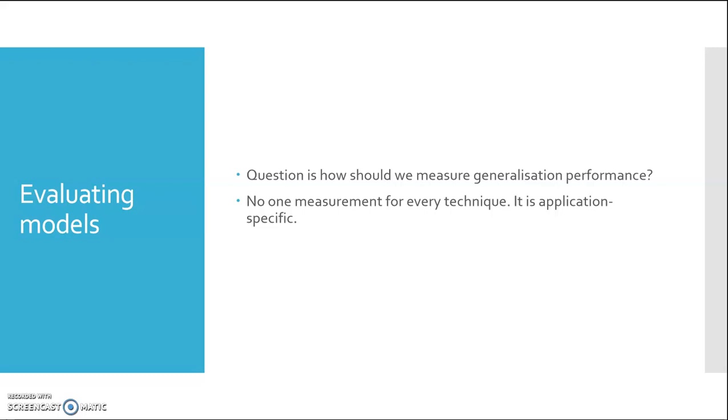But we want it to also predict data points that the algorithm has not seen before. So that capability is where the model is known as being able to generalize.